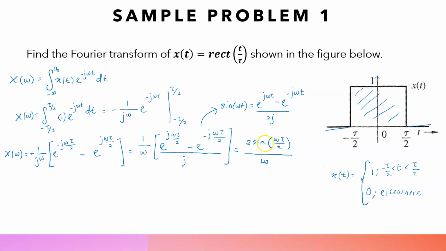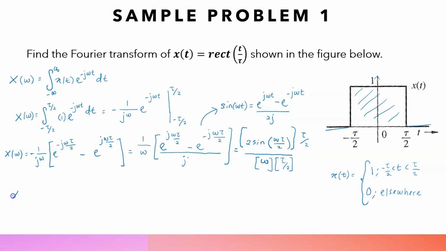Now I want to modify this again so that I will have another familiar form of signals. So what I will do is multiply the numerator and the denominator with τ/2, because I want this ω to be similar to this one, and I multiply this with τ/2 as well.